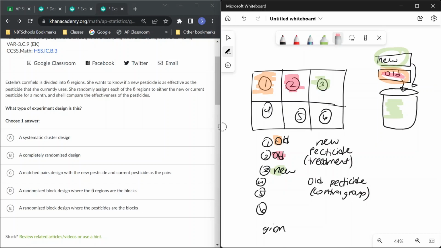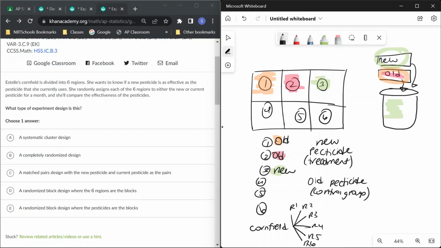No, not one region. What is it called? A farm. We have a farm. A cornfield, which is separated by 6 regions. Region 1, Region 2, Region 3, Region 4, Region 5, Region 6.